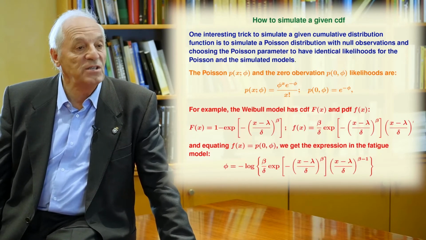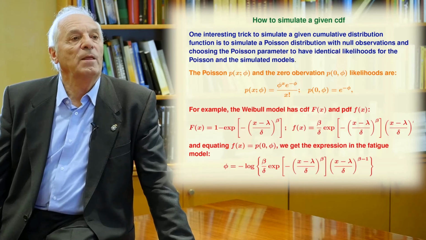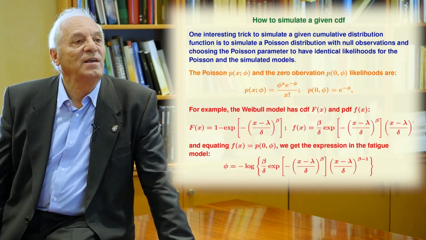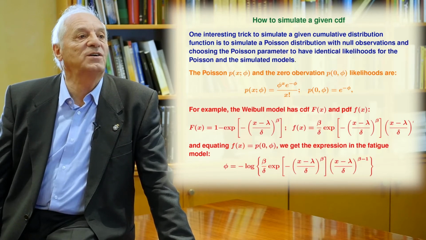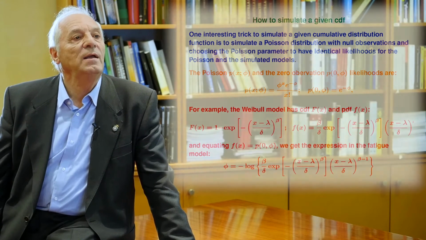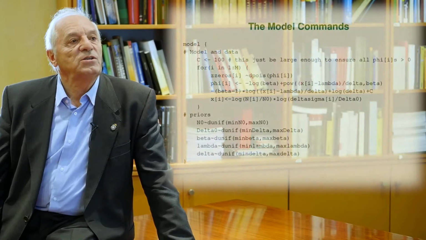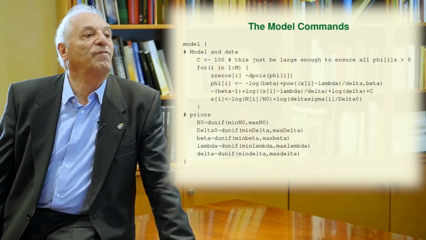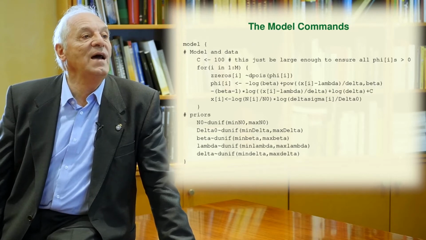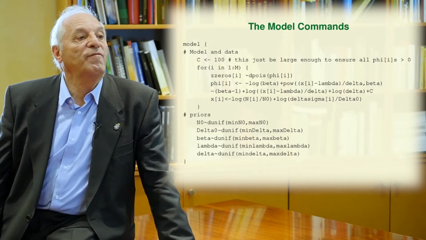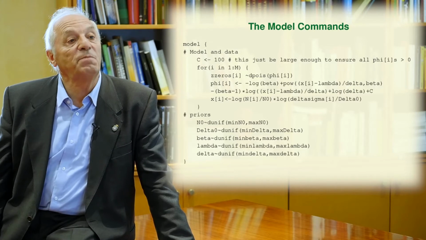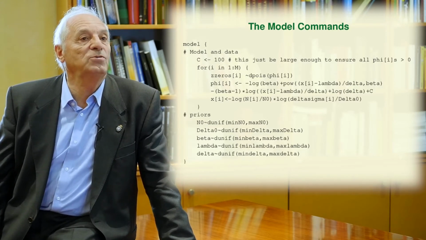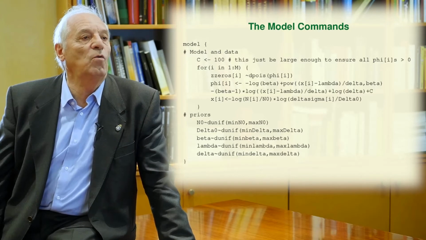Just including this equation in the model, we simulate the Weibull distribution, but we use a fictitious or virtual Poisson model with 0 observations. In the model commands here, you can see that in the fourth line you have phi of I, and then the expression that corresponds to the equation in the previous transparency in the lower part.